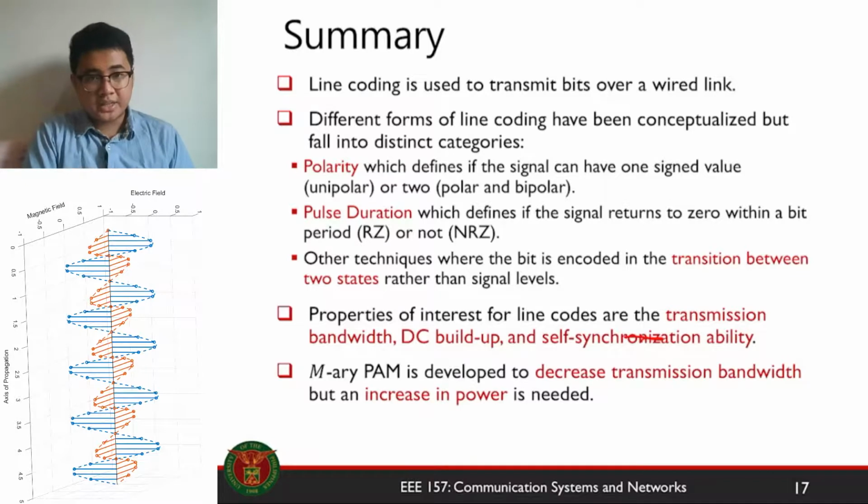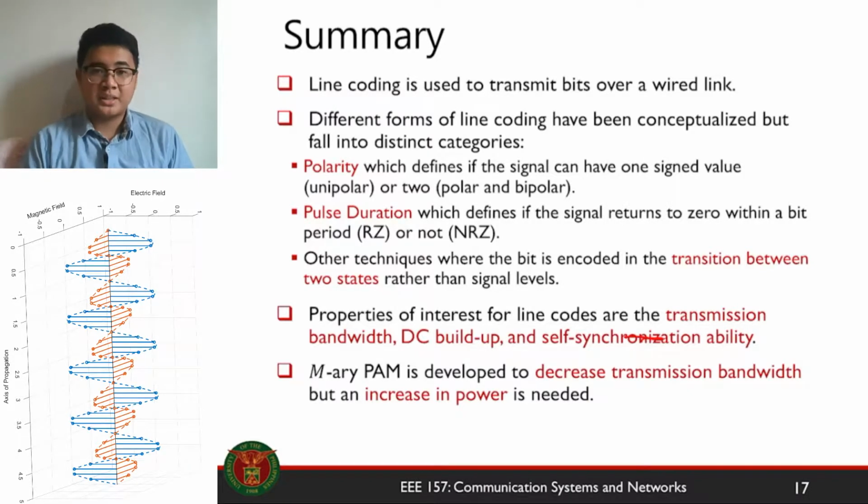The properties of interest when we talk about line codes are whether it fits in some bandwidth, whether it builds up a DC component, and whether it has a self-synchronization ability. Of course, I also forgot complexity of implementation, which will always be a property of interest in any communication system.